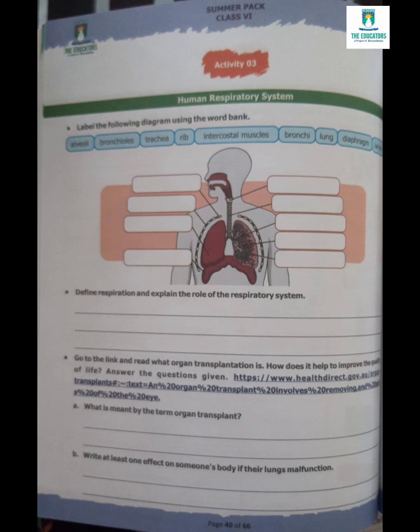All this is performed by the respiratory system, which includes lungs, ribs and diaphragm. As we intake oxygen, the ribs and diaphragm contract, and when we remove carbon dioxide from our body, the ribs and diaphragm relax again, and this exchange of gases takes place in our lungs.